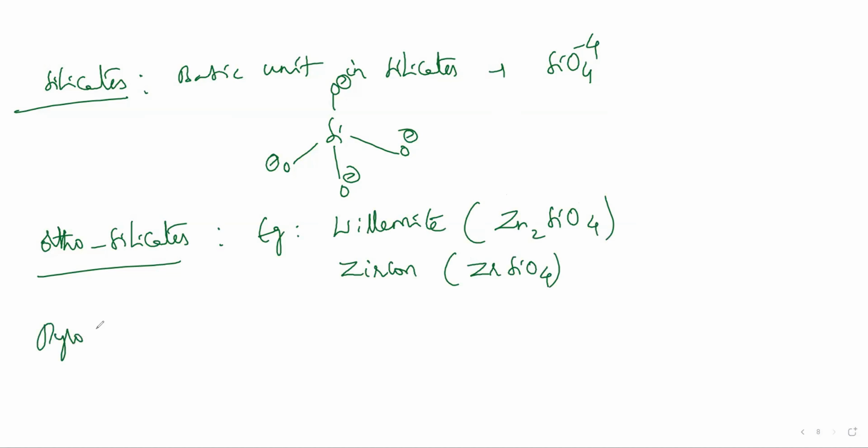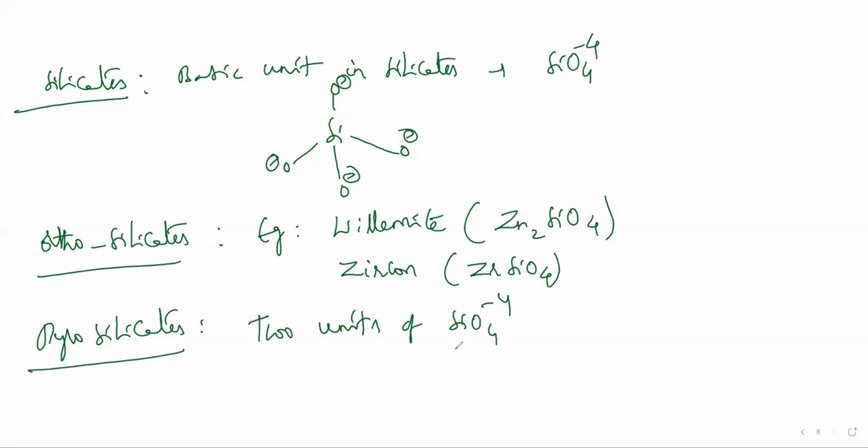Next type, pyrosilicates. So they contain 2 units of SiO4 4-. Next, cyclic silicates.